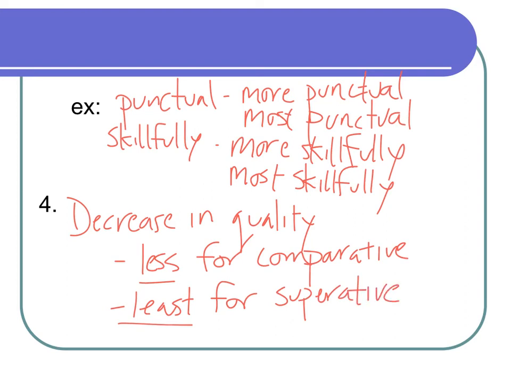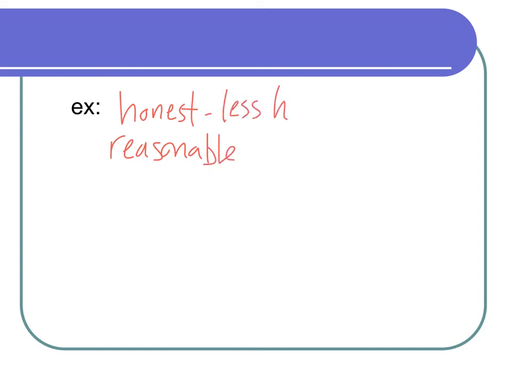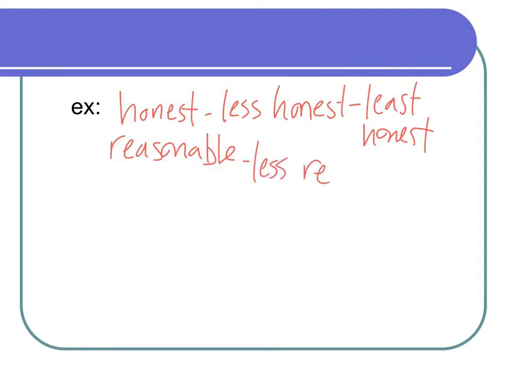So that's how you show decreasing comparison. Okay? So if you take a word like honest, or you take a word like reasonable, okay, you're going to say less honest. You're going to say least honest. Okay, same thing with reasonable. You're going to say less reasonable, or you're going to say least reasonable for the superlative.